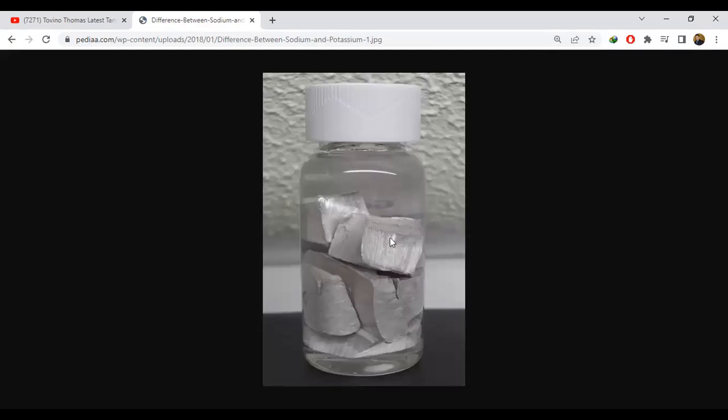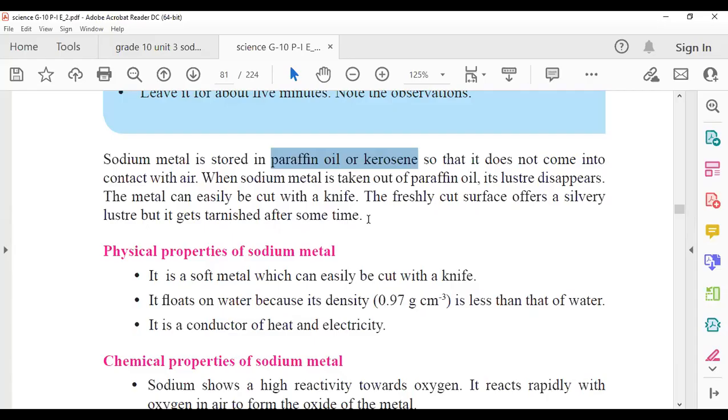Here there is an oil. The sodium is sinking in the oil, and that oil is generally paraffin oil. In the absence of paraffin oil, kerosene is also a choice.